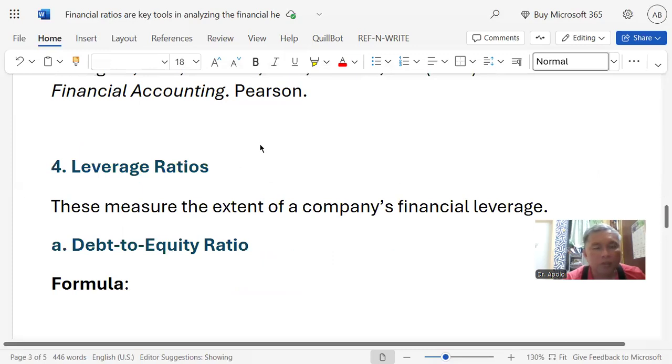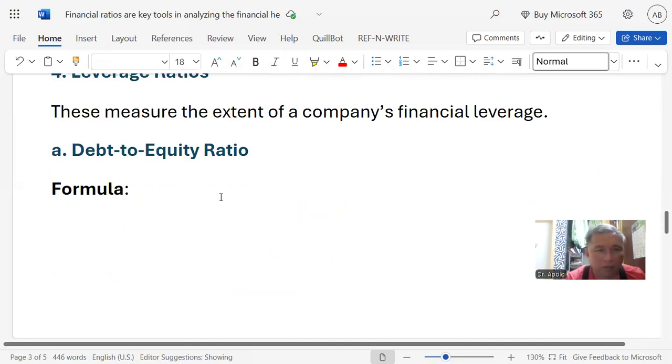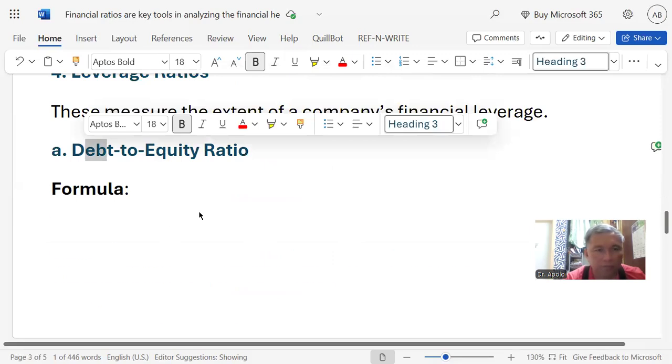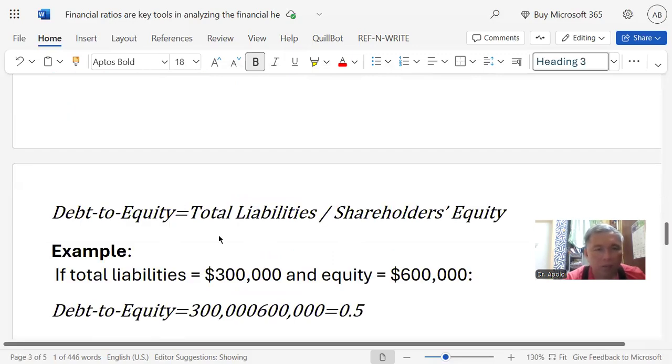Then leverage ratio, which measures the extent of the company's financial leverage. We have the debt to equity ratio. Equity is the investments, the cash. Debt is the loan. The formula is total liabilities divided by shareholders' equity.